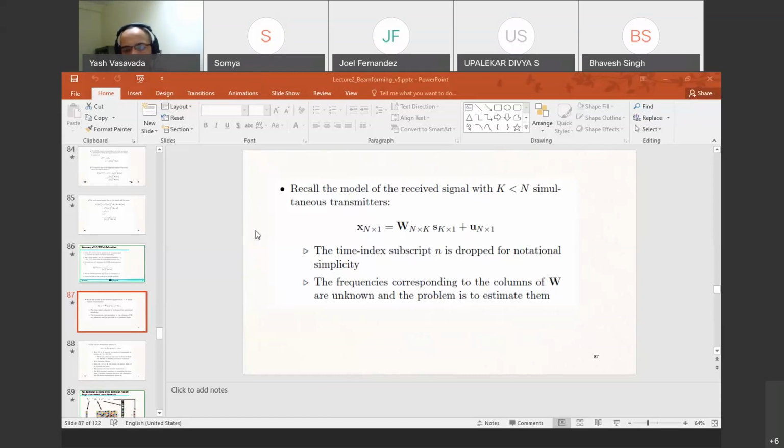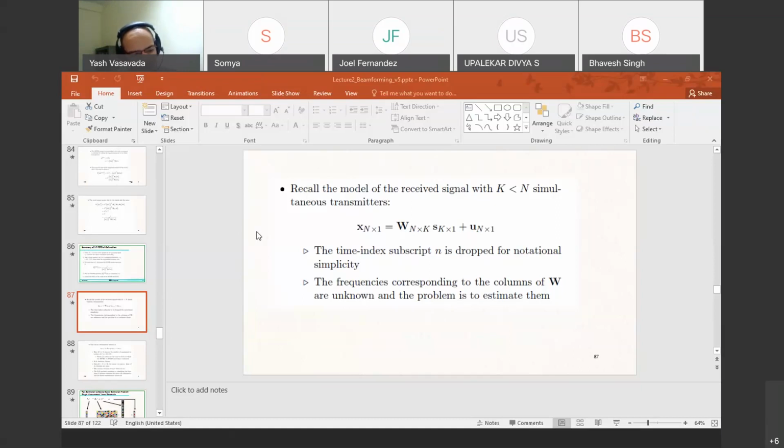So 1 over n? Yes, Pavesh, good. So the width of the main lobe is 1 over n. What is n? The number of points of the FIR filter. Yeah, so n is the length of the FIR filter.